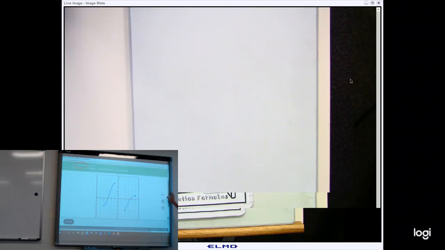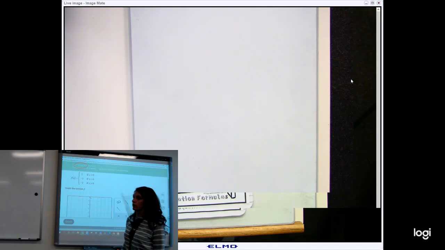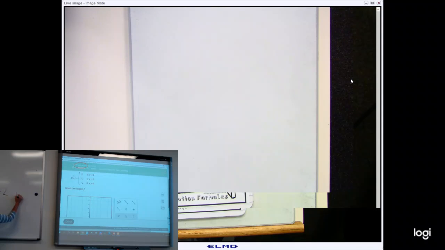And then let's find the graphing stuff. Graph the function, and I might have to make this a little bit smaller. We'll write it large up here for the back row.